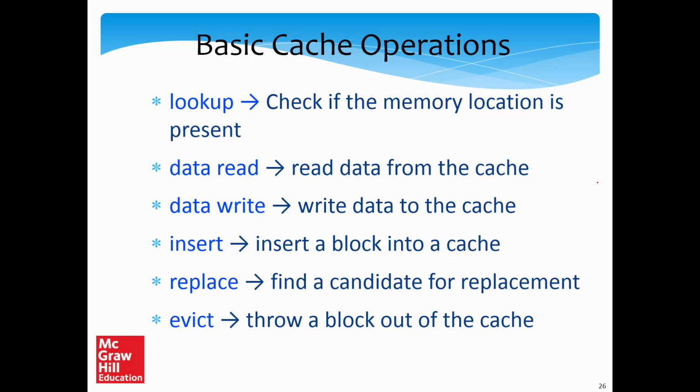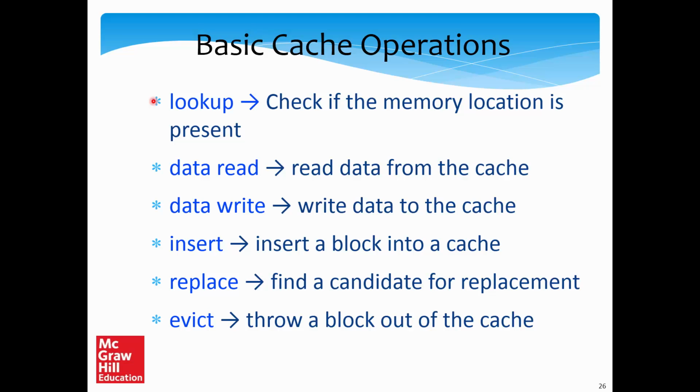Let us look at the basic cache operations and describe the operation of an entire cache on the basis of some of its primitive operations. The first operation is lookup. We check if a given memory address is present inside the cache.